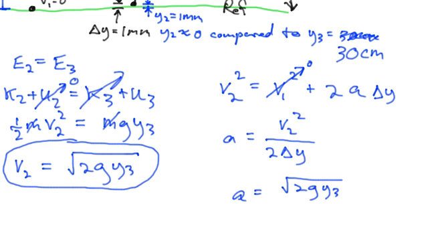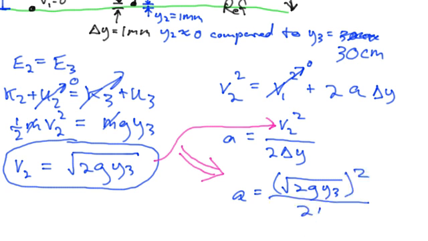So I'm going to tell the reader where that came from just in case they can't see it. So right there. That's my plug-in to get this result, and it's got to be squared and then divided by 2 delta y.